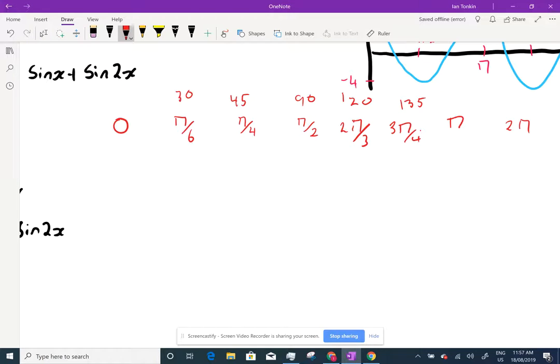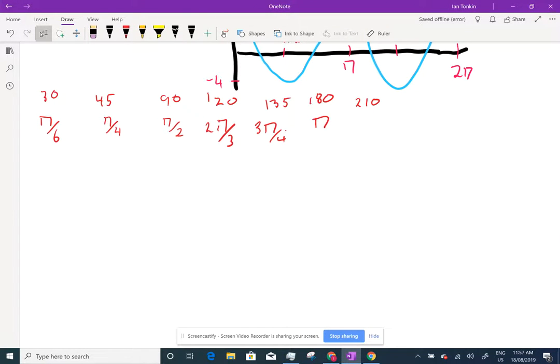And you can just do lots of these. Let's go 210. Now 210 is 7 30s, so 7 pi on 6. Let's go 225, and that's 5 45s, 5 pi on 4.